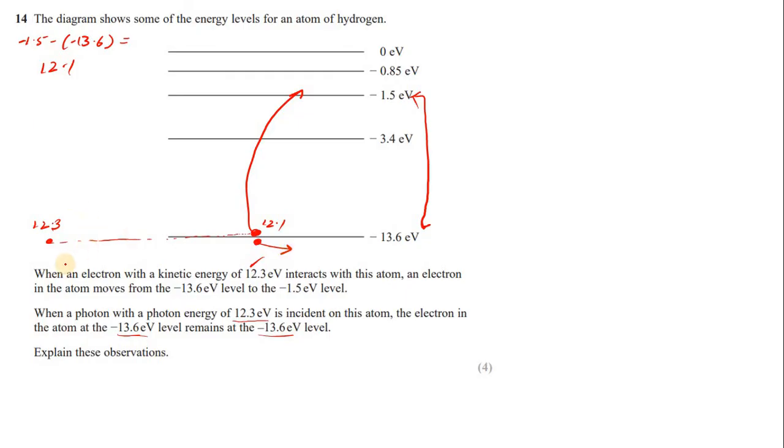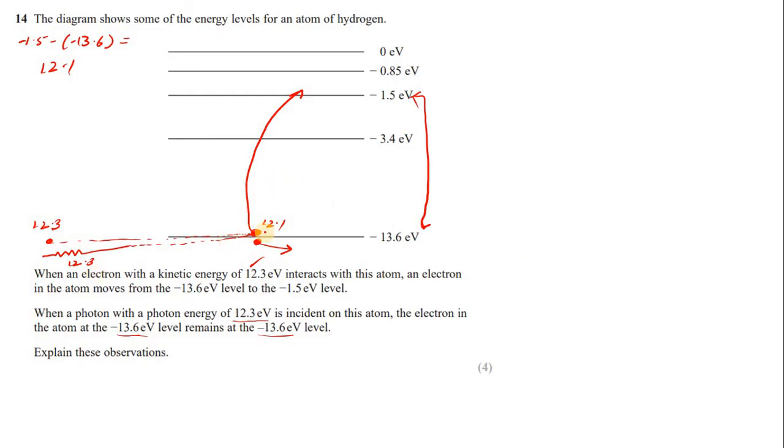But instead of an electron, if a photon of the same energy, 12.3 electron volt, is coming and this photon is interacting with that electron, a photon always transfers all of its energy to the electron.